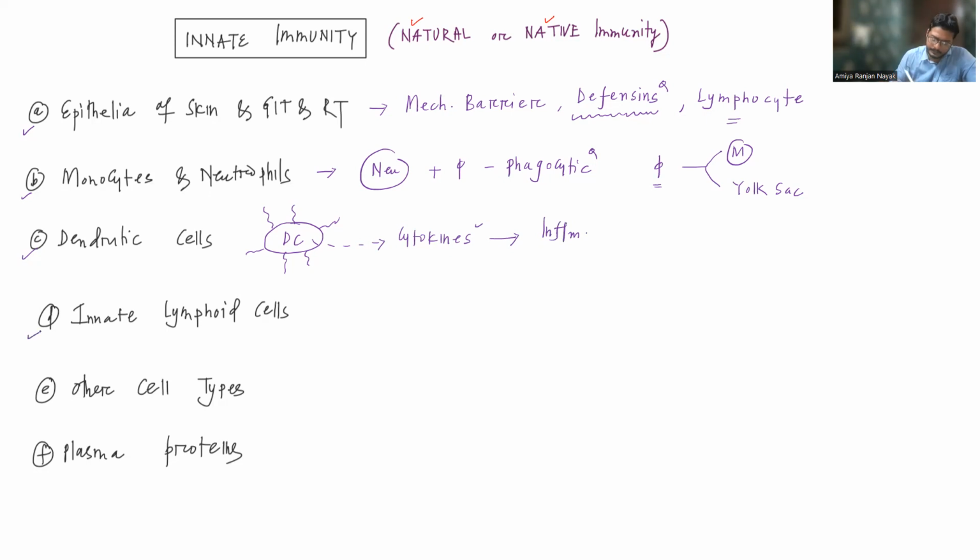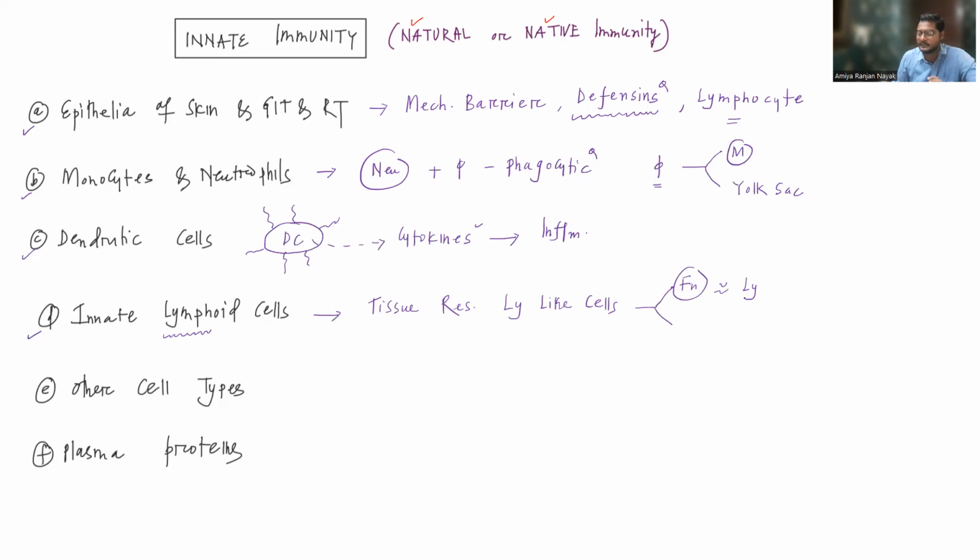The next type of cell is the innate lymphoid cell. What do we mean by innate lymphoid cell? These are tissue resident lymphocyte-like cells. Lymphoid means lymphocyte-like, because some of their functions are similar to lymphocytes.